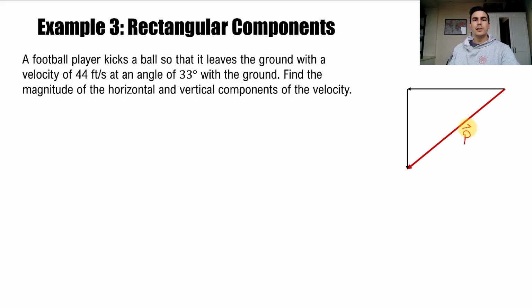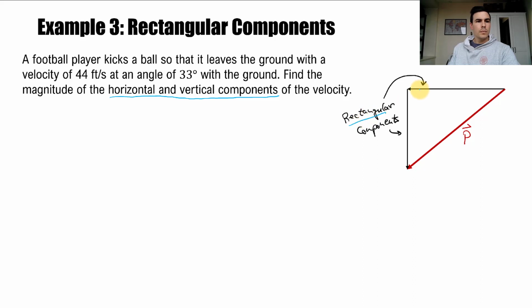I have some representation in the x direction, or horizontal direction, and then another representation in the y direction. So we're really just breaking this up into an x and a y component. Those are our rectangular components, which is what we're looking for when we're asked to find horizontal and vertical components.